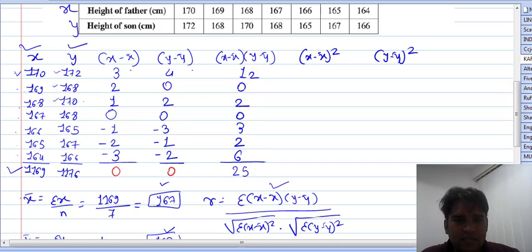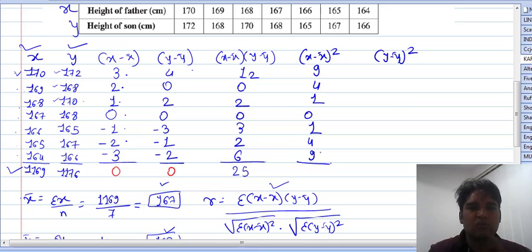Now let's take the square of x minus x bar. So 3 का square 9, 2 का square 4. You have to be very careful while calculating this. 1 का square 1, 0 का square 0, minus 1 का square plus 1, minus 2 का square 4, and minus 3 का square 9.